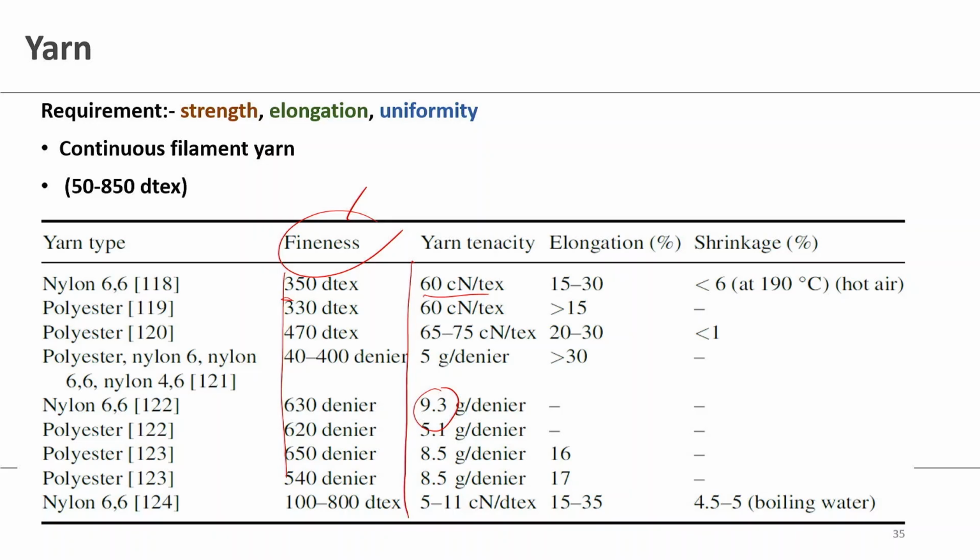Nylon has high elongation, but for polyester it is relatively lower than nylon. Shrinkage is less than 6% in hot air at 190 degrees Celsius. So, shrinkage is not that high.